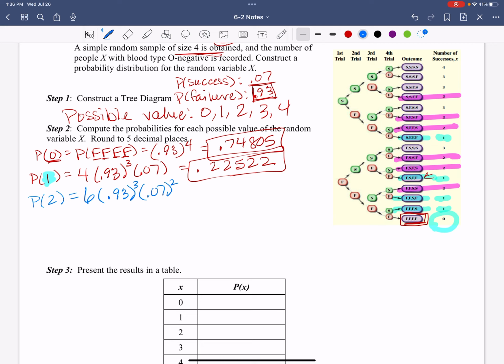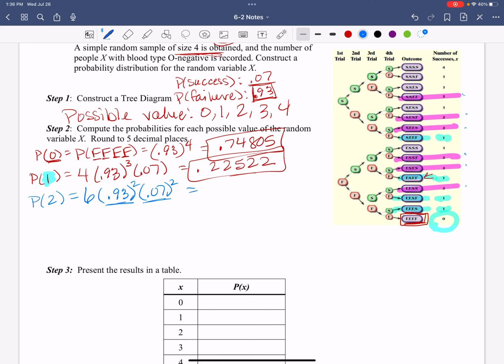I can have failures or successes because I have a sample size of 4. Oh, you're yelling at me and I hear you. Good job. I put that 3 up there. I don't know why I did. 2. So it could be 2 failures and 2 successes. That's my total of sample size 4, right? But I have 6 options that are going to get that job done in different capacities, but still 6 options.